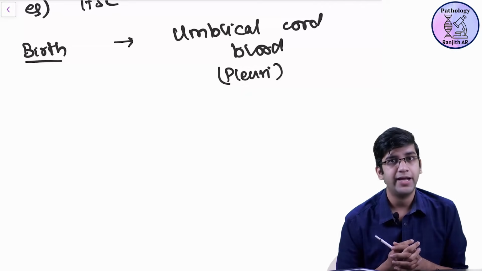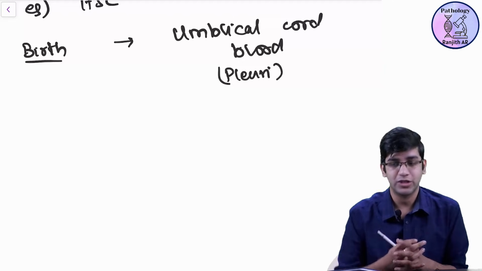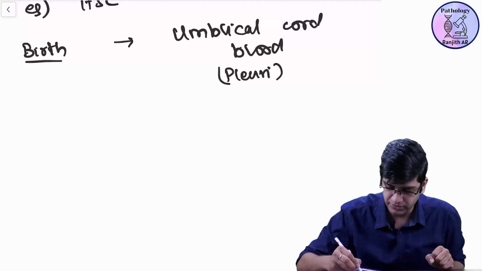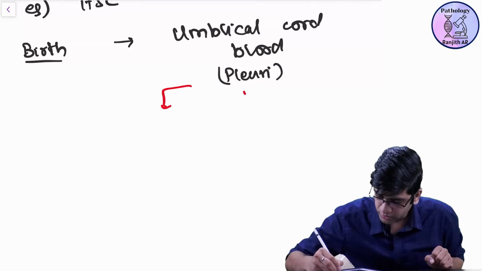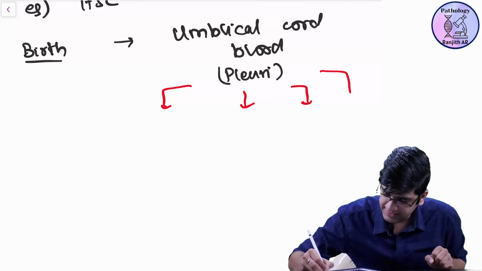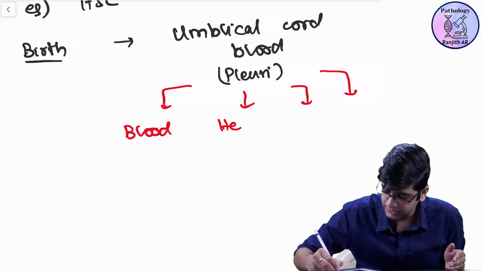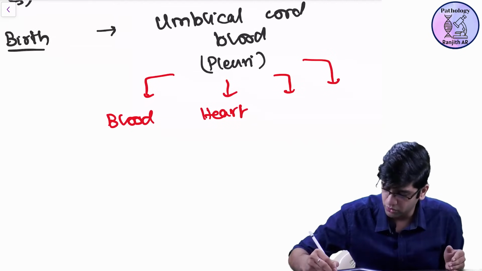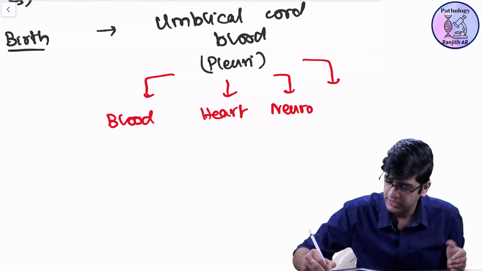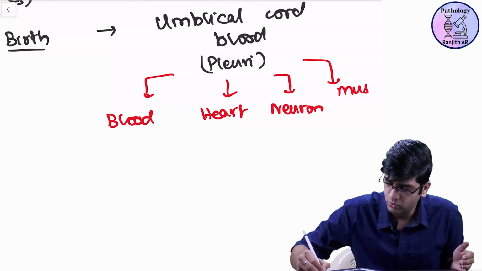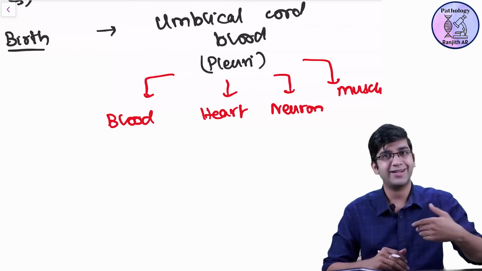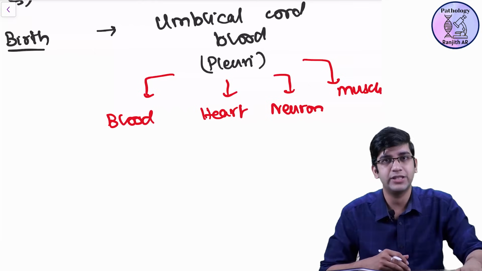Not only blood, I can create heart, I can create neurons. So this is a pluripotent hematopoietic stem cell. So here I'm going to say this can become any cell. It can become blood if I want to, it can become heart, neuron, muscle, any muscle, whatever I want. Based on the growth factors, I can push them to whatever lineage I want.